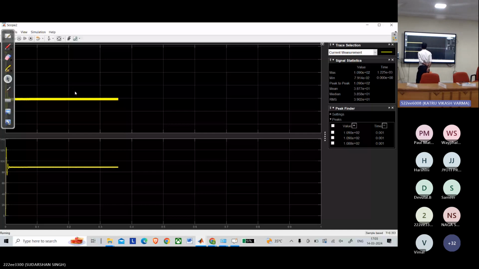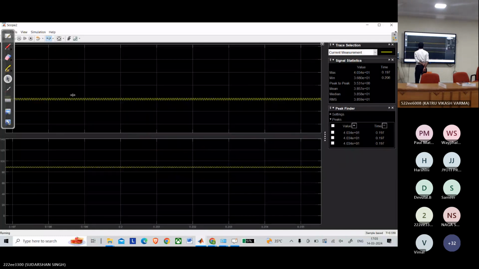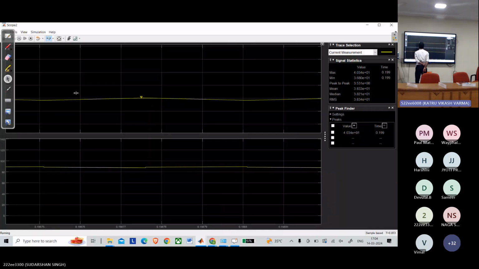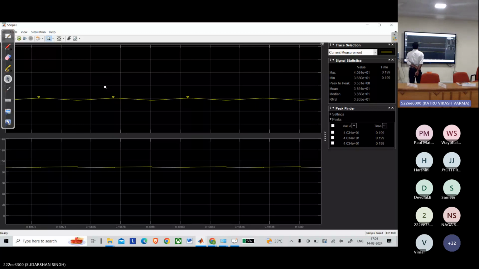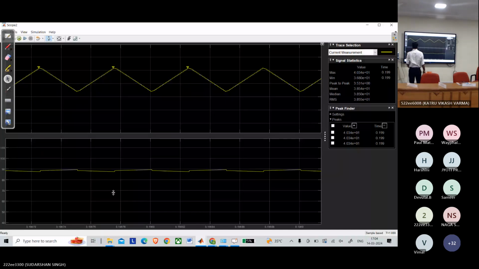Then it has already reached the steady state. A little bit more, at least show me 510. No, not now. Another five. Okay, okay. But the voltage waveform is not too good. Okay. Now you can understand.